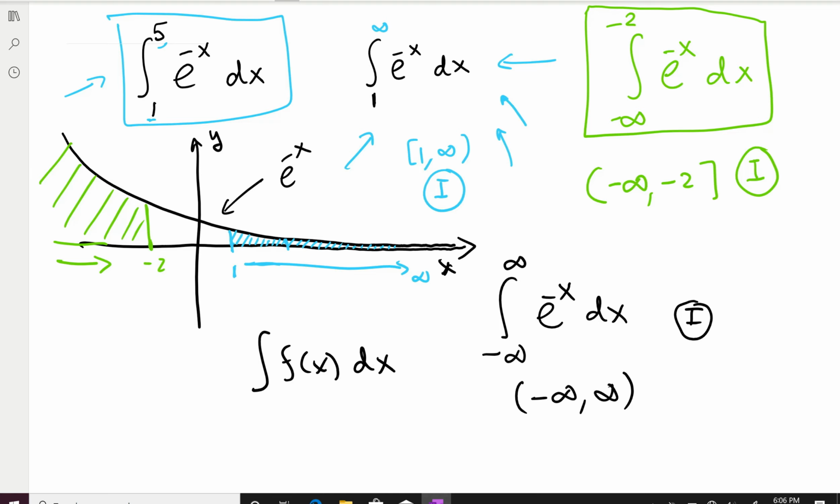The bounds of the integral means the numbers a and b that you put here and here in the integral. Some people call them bounds, some people call them the limits of integration. So if you see infinity or negative infinity or both in the bounds of the integral, that means your integral is a type 1 improper integral, because then you're going to integrate your function over an infinitely long interval.